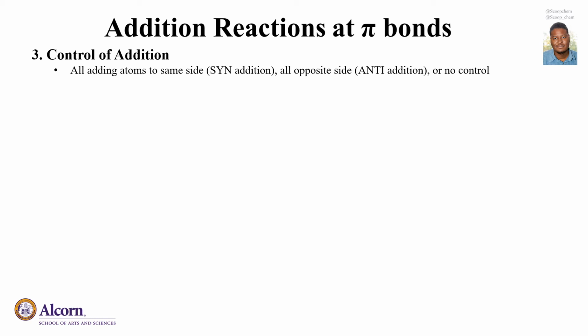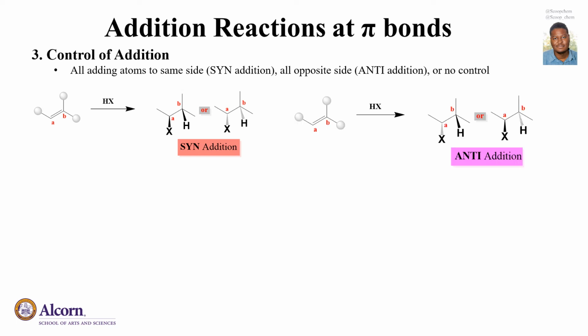When things add to the same side, we call that a syn addition. If we look at the example here, both adding atoms, the H and the X, are both on wedges or both on dashes. When the adding atoms add to opposite sides, we call this an anti addition.